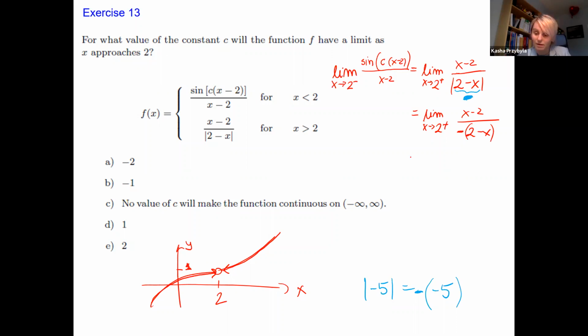Now we still have to do a little bit of algebra. I will distribute that negative. Negative times 2 will be negative 2. Negative times negative x will be positive x. And I switch the order. Always when we have one positive quantity and one negative, we can place the positive as the first one.